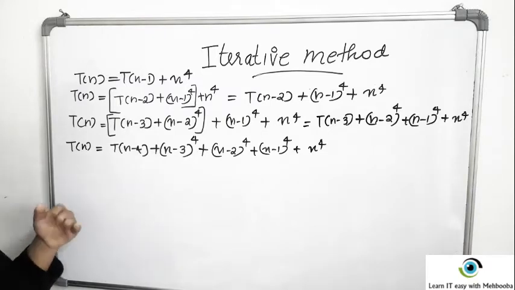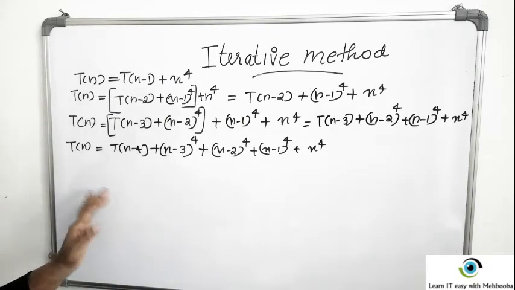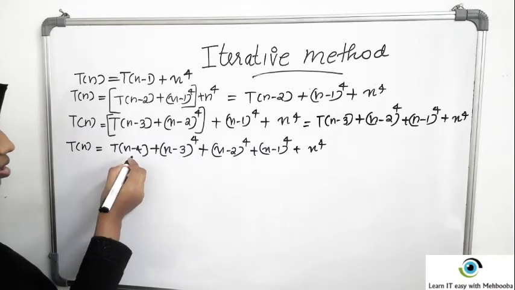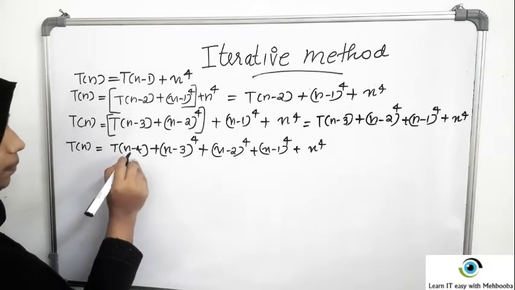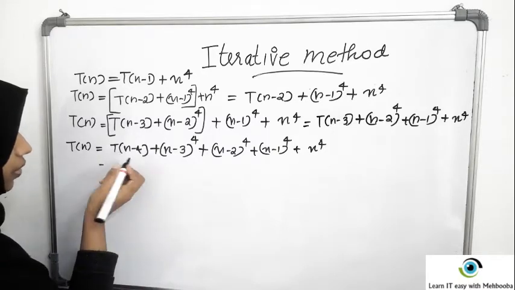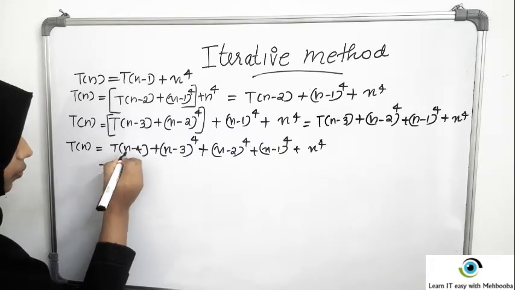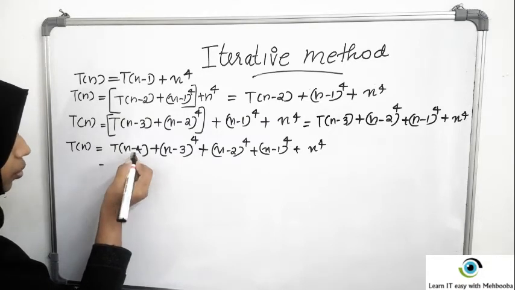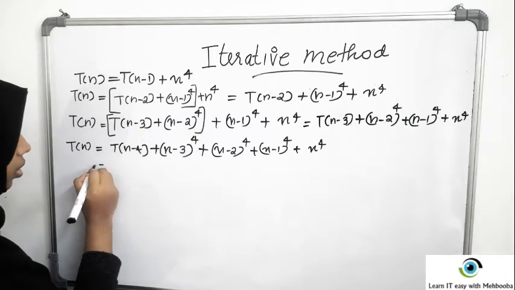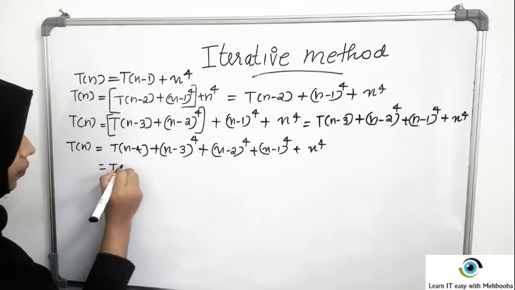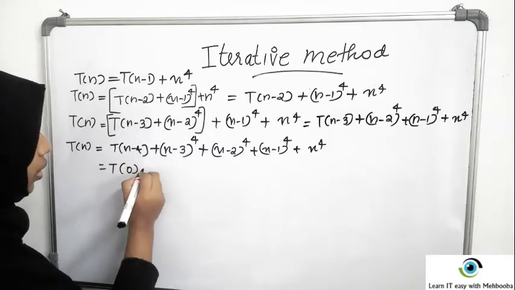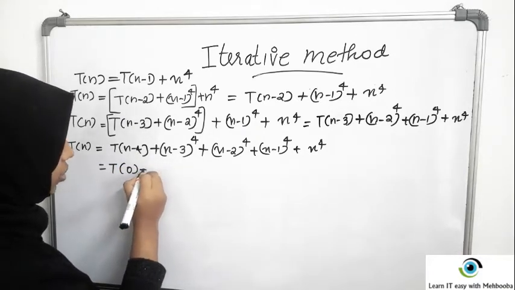See, as we go on doing this, for example, when we unroll this, if we are taking T of 0 here, this will be T of 0, that is n minus n. Okay, we are taking the nth iteration.